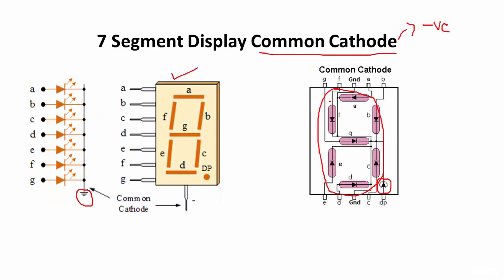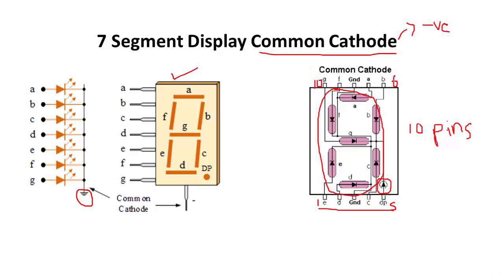If you look at the 7-segment display, you can see that every 7-segment display will have 10 pins. If you count from here, 5, 6, and this one is the 10th pin.